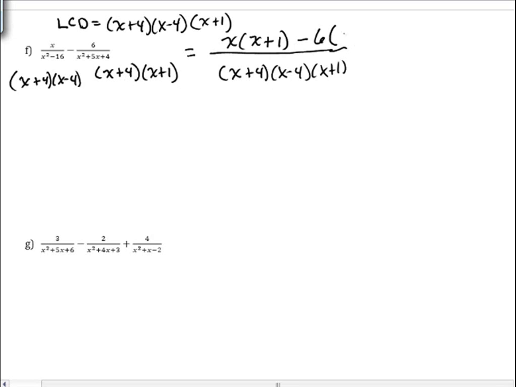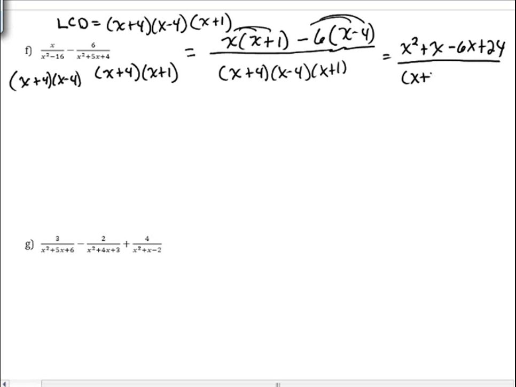So what's missing is the x minus 4. We need to distribute the x. That gives us x squared plus x. And then distribute the negative 6, giving you negative 6x plus 24. And that's all over our common denominator, x plus 4, x minus 4, and x plus 1.